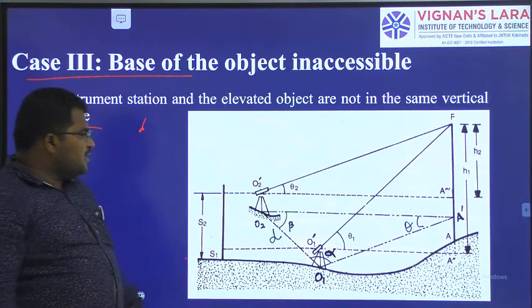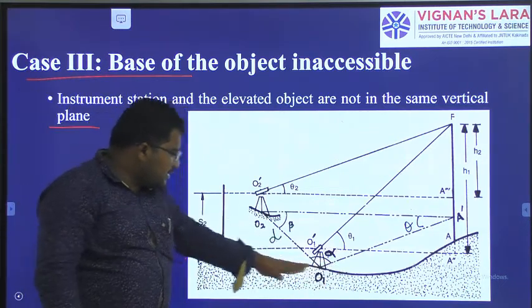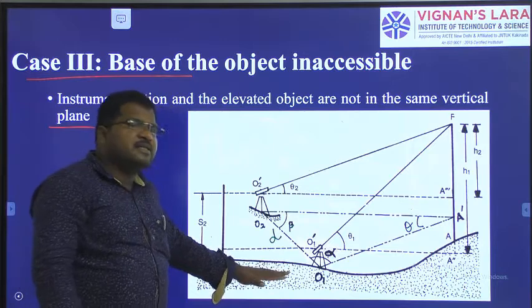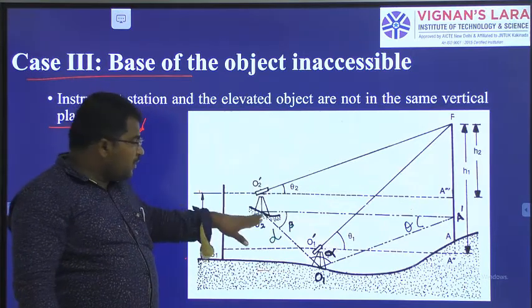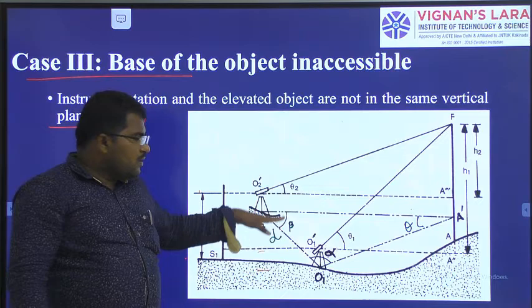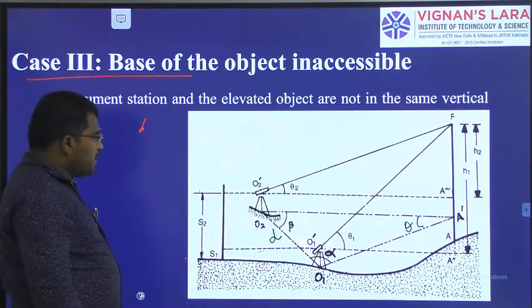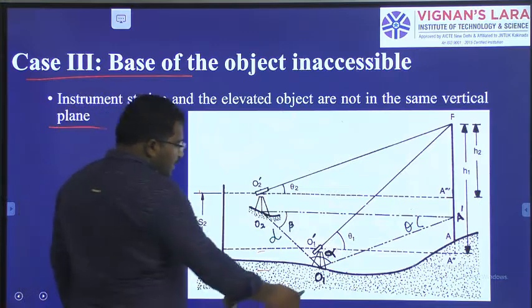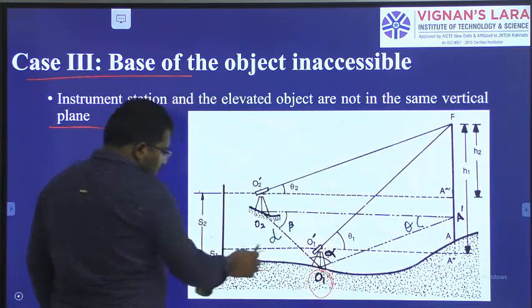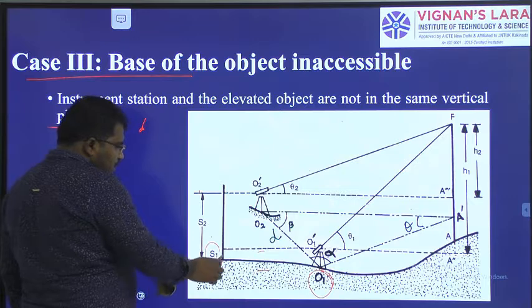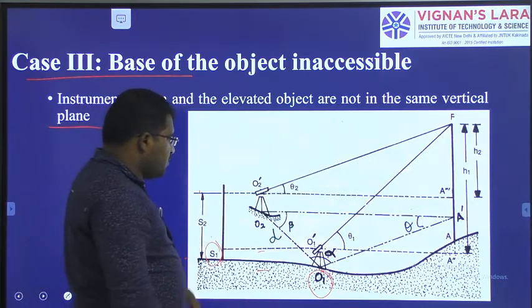So you can see here the instrument is not in the same line. This is one station, the other point we are going to take is not in the same line. Okay, now this is the case. How to get the values? Now at station 1, that is O1, we took the reading on the benchmark and it is noted down as S1, right?